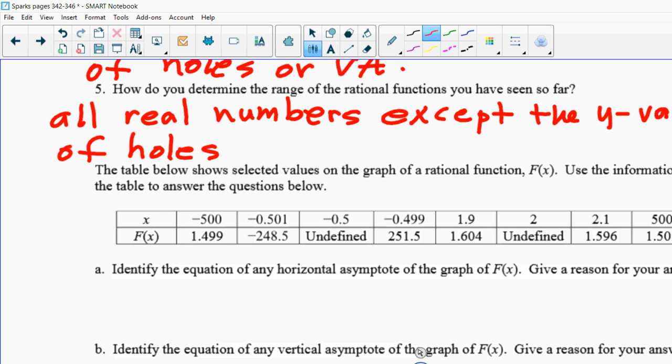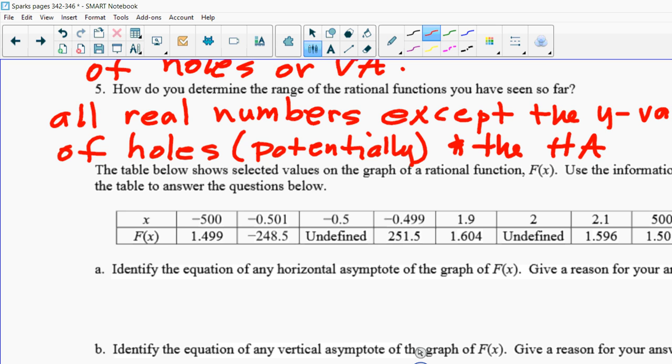Now, does the y value of a hole always get left out? No. Potentially. You got to be careful on that one. But the horizontal asymptote's always going to get left out. And the horizontal asymptote.